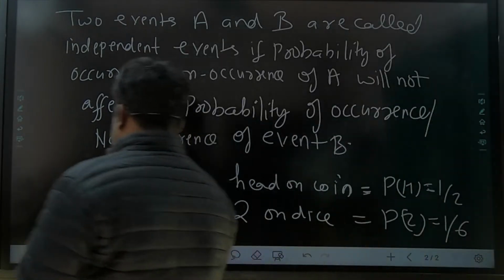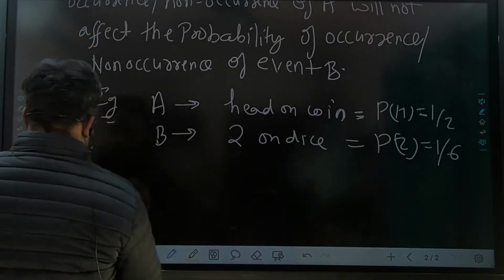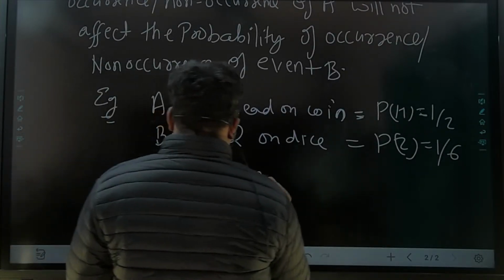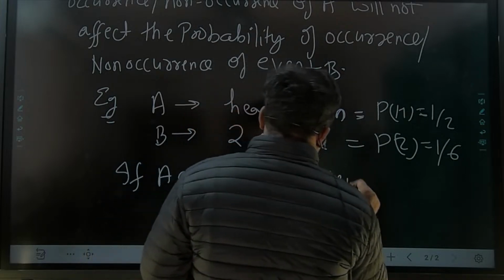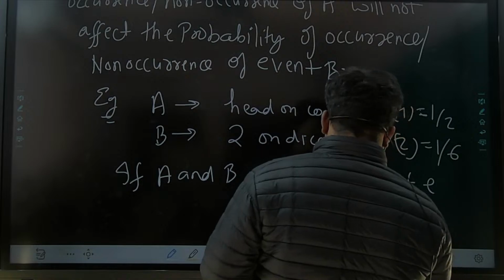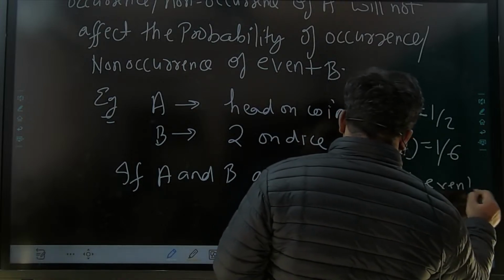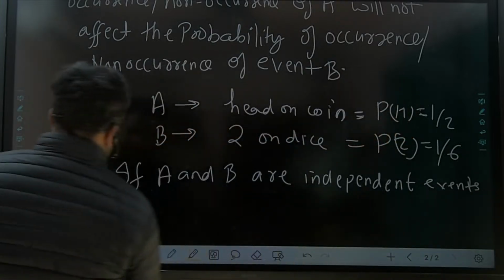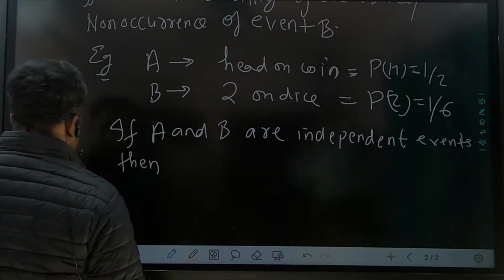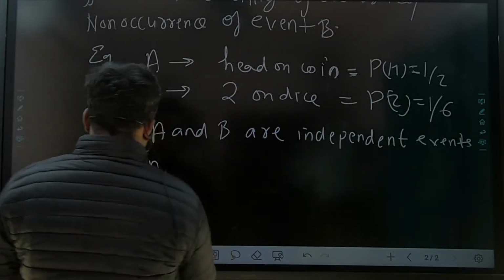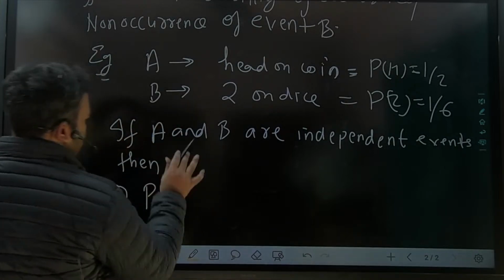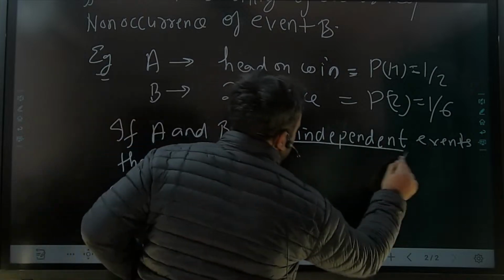So if A and B are independent, then we have this thing. First we studied conditional events, we have seen conditional probability.